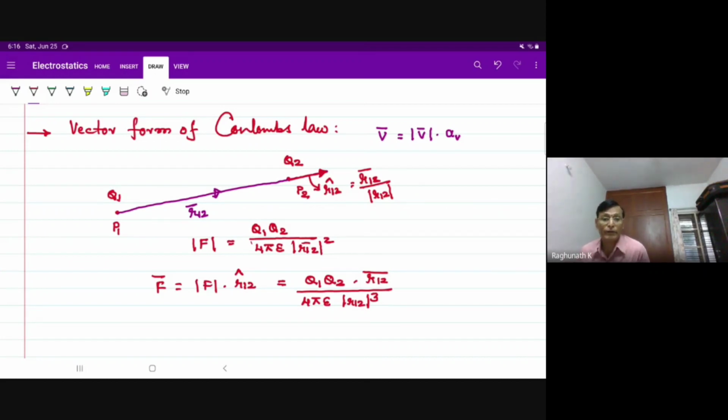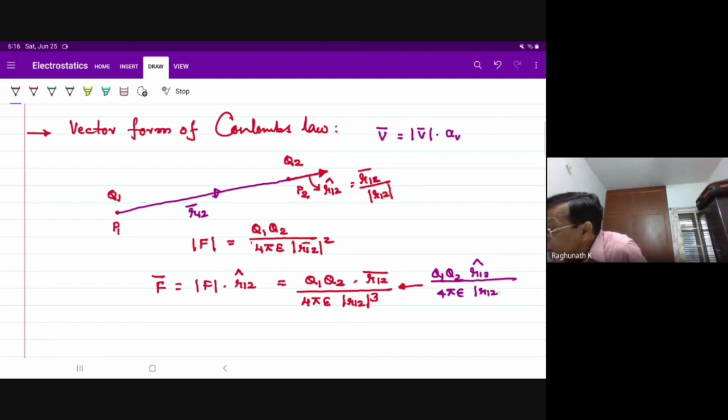R12 cap I should have kept. This is actually Q1 Q2 R12 cap divided by 4 pi epsilon mod R12 bar squared, R12 cap because it is R12 bar divided by mod R12. Now this R12 bar or R12 cap is in the resolved form. The remaining expression is a scalar sum only. Check it once.